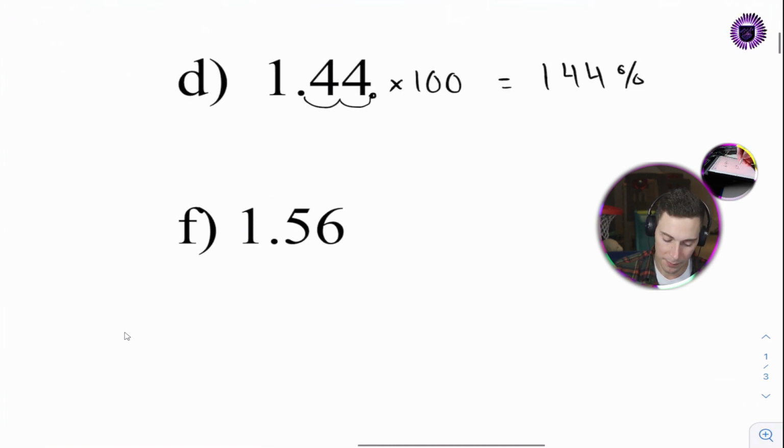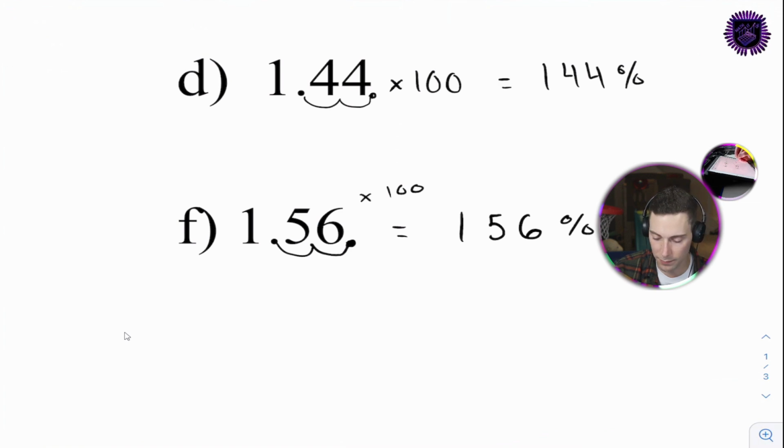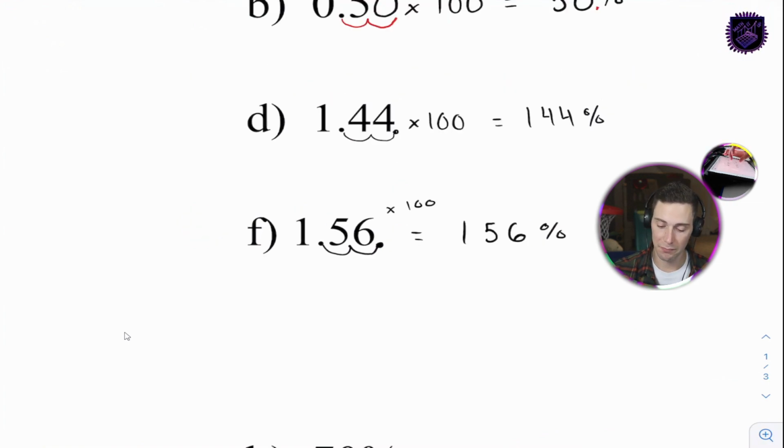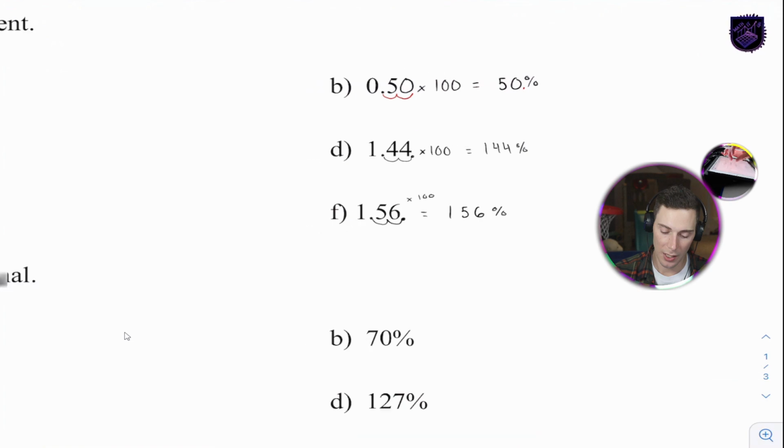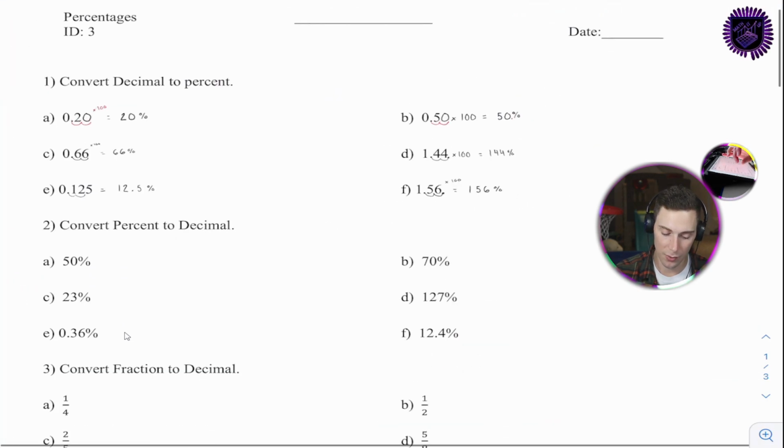One more time, it's going to be multiplying by 100. 1, 2. This is going to be equal to 156%. Not too hard. Changing a decimal to a percentage, not too difficult.